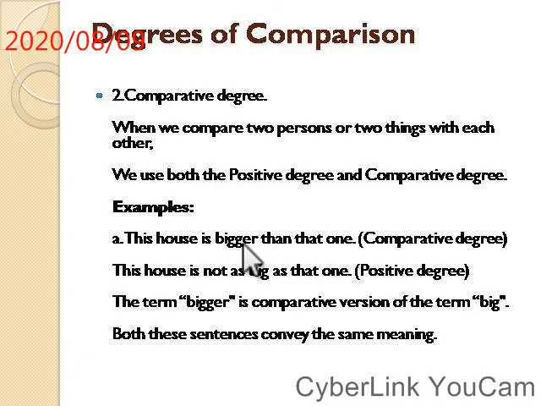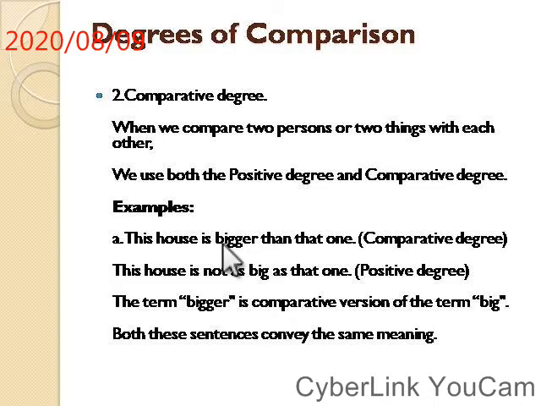Big becomes bigger. In comparative degree, the adjective will be like er. Big plus er, bigger; tall, taller; sharp, sharper; strong, stronger. So generally in comparative degree, er is added to the adjective. So when we are comparing the two things, the house is bigger than that one.